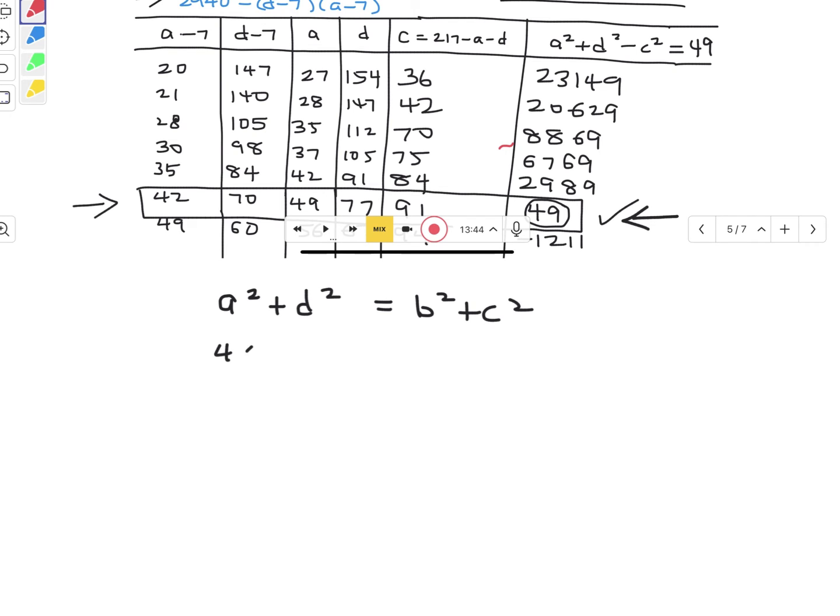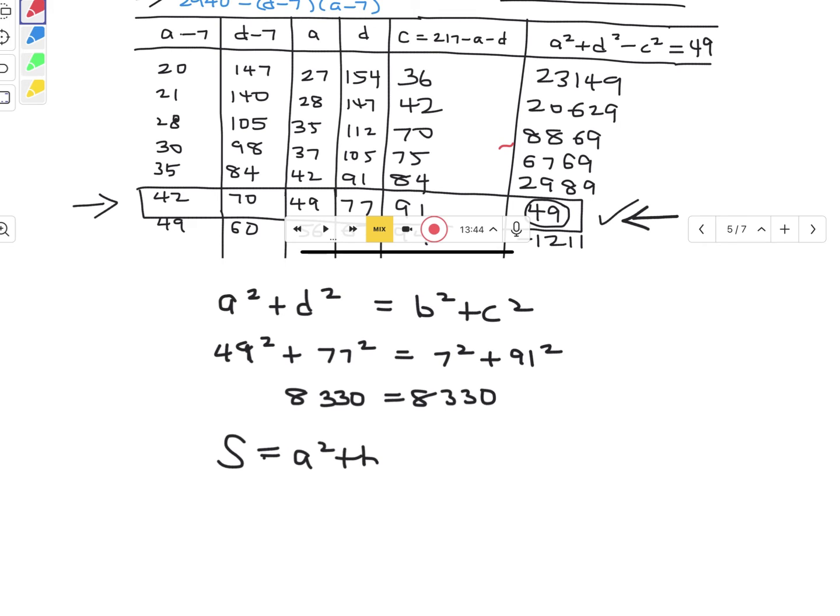We have 49 squared plus d squared, which would be d is 90. No, sorry, d is 77. And then on this side we have 7 squared and c is 91 squared. And both of these sides equal 8330. So that is satisfied. And now we just have to figure out s, which is a squared plus b squared plus c squared plus d squared.